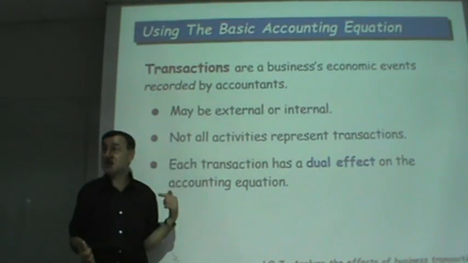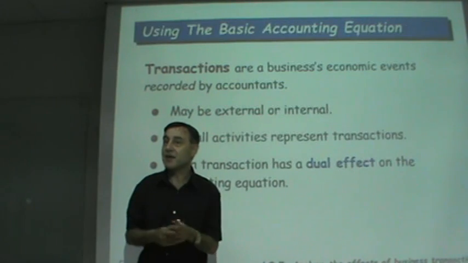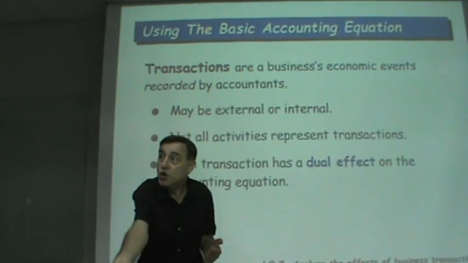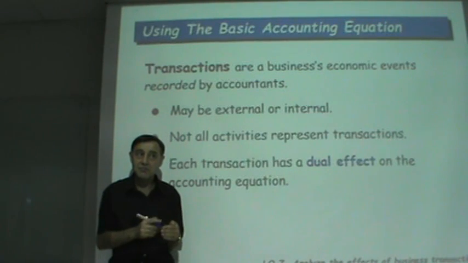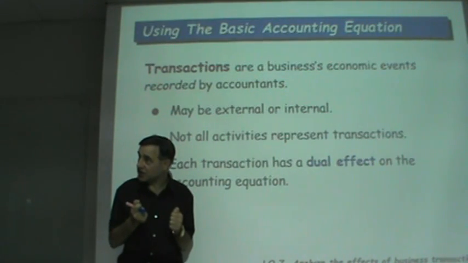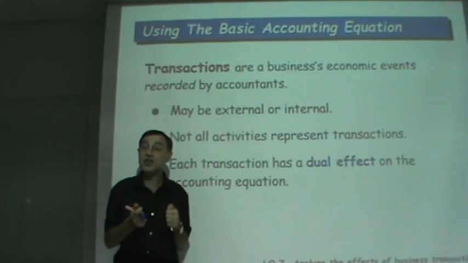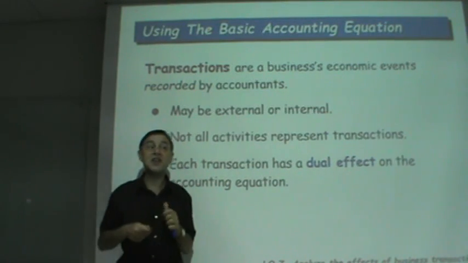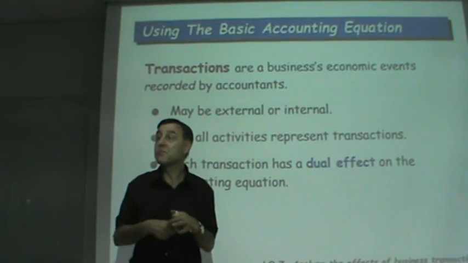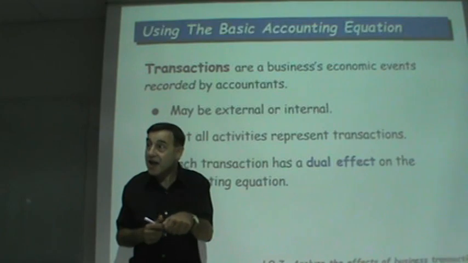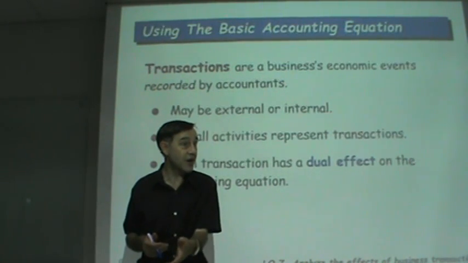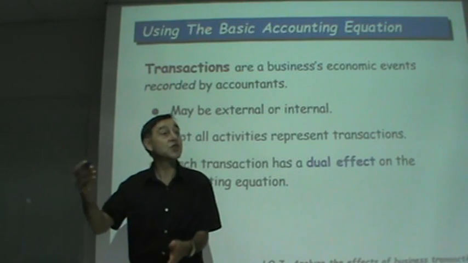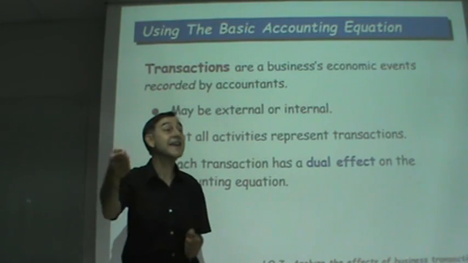Another example which I gave you last time, I'll repeat again: you hire a new employee. When you hire him, there is no real transaction. There is a transaction if you hire him and give him a sign-up bonus because he comes to work today and you give him $1,000 for beginning to work. That's a transaction because you actually give him cash.